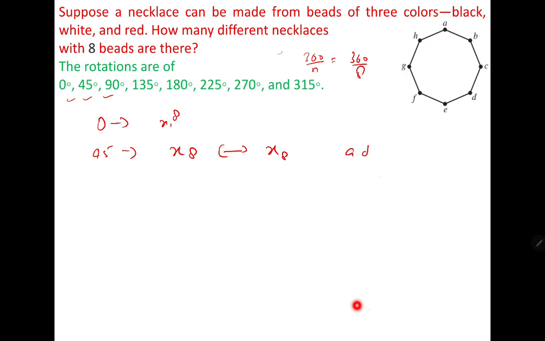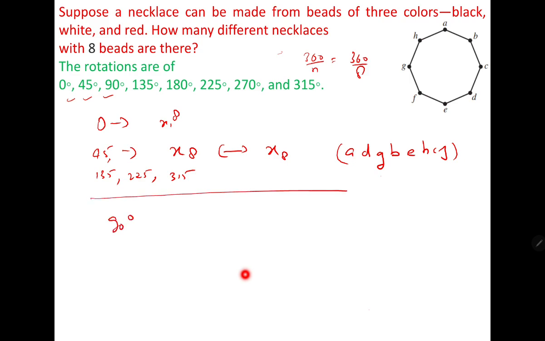So it is A goes to D, D goes to G, G goes to B, then E, H, C, F. Yes, so this is 45. 135 behaves in the same way, and similarly 225 and 315.